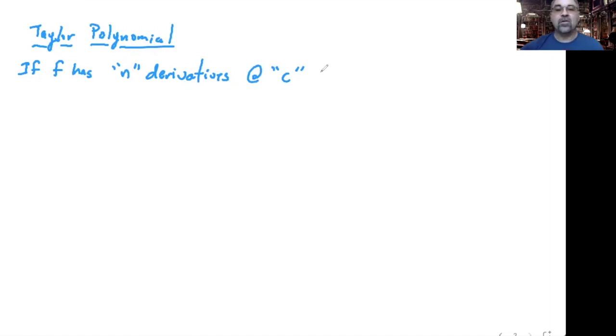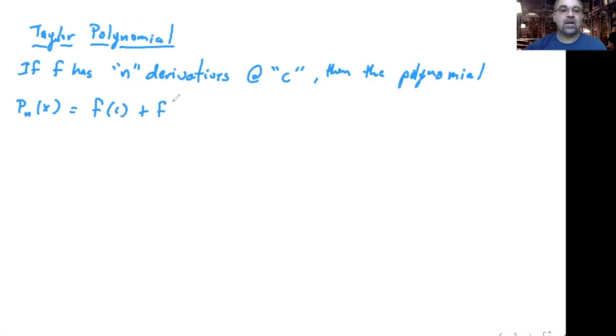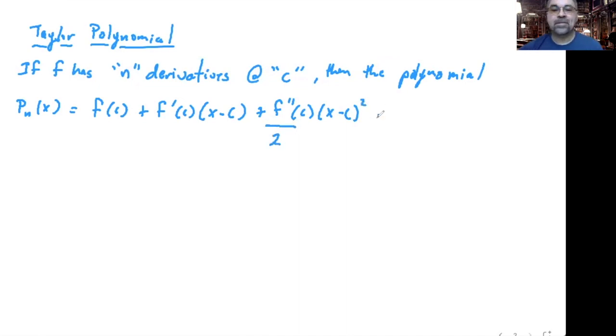Then the polynomial P sub n of x goes like this: f of c plus f prime at c times x minus c to the first, plus f double prime at c times x minus c squared over 2, plus f triple prime at c over 3 factorial times x minus c quantity cubed.